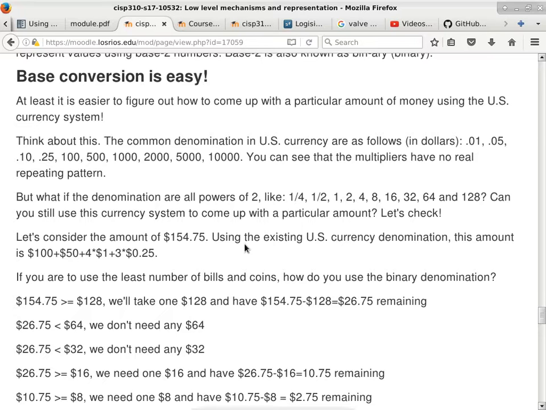Okay, so you go like, maybe 2 do this. Okay, so we have $1.75 left. 1 would do it. Okay, so now we have 75 cents left. Look down this list. A half would do. And now we have 25 cents left. So we take another 25 cents and we're done.